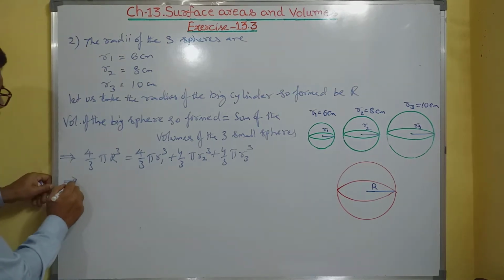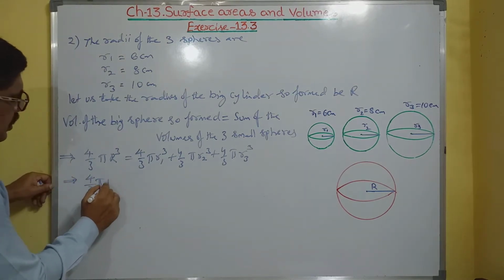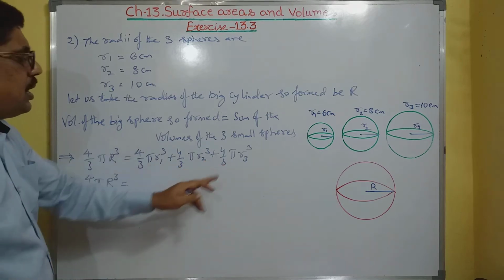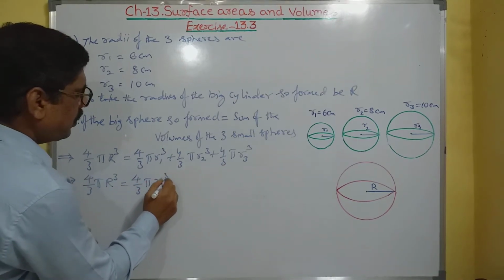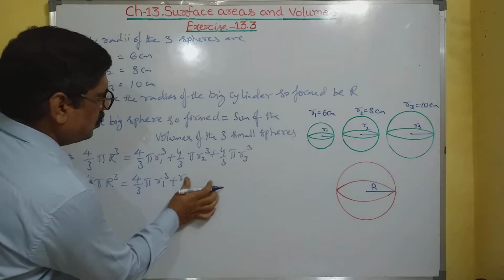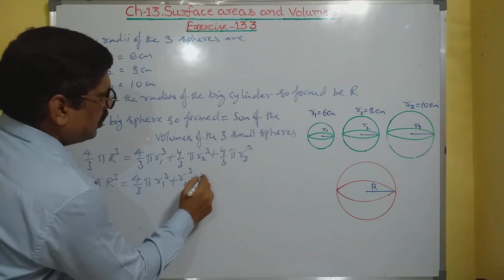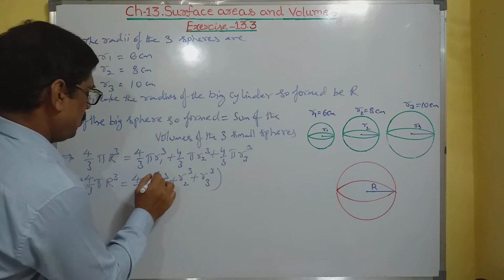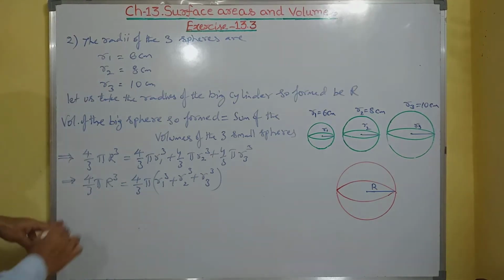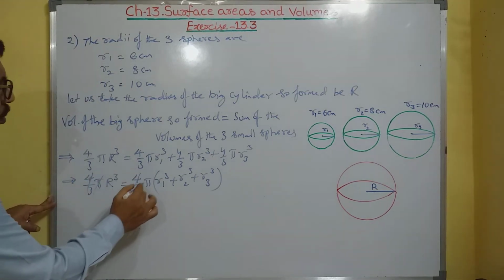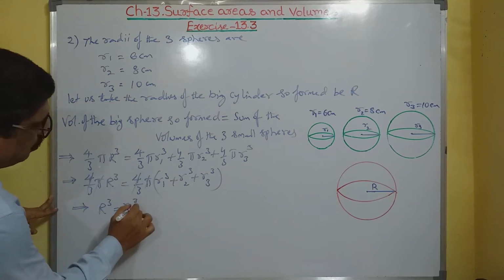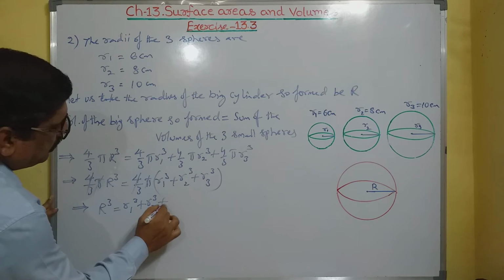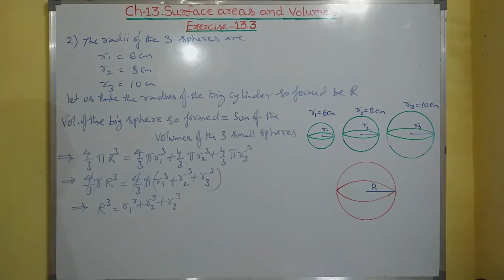Now let us write it like this: 4 by 3 pi capital R cube is equal to, in the RHS we can take 4 by 3 pi common, R1 cube plus R2 cube plus R3 cube. So now this factor 4 by 3 pi can be cancelled on both sides. Then we get capital R cube is equal to R1 cube plus R2 cube plus R3 cube.